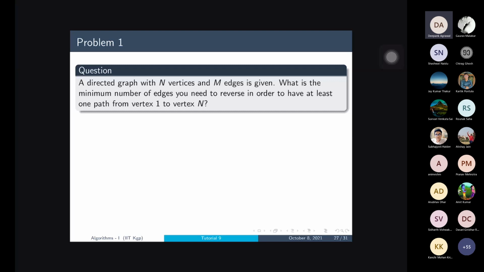The reason why I'm advocating 01 BFS is that in some special cases, 01 BFS is very efficient compared to Dijkstra. You all know that Dijkstra's complexity is E log V, but for 01 BFS, the complexity is only E plus V, that is simple BFS traversal.